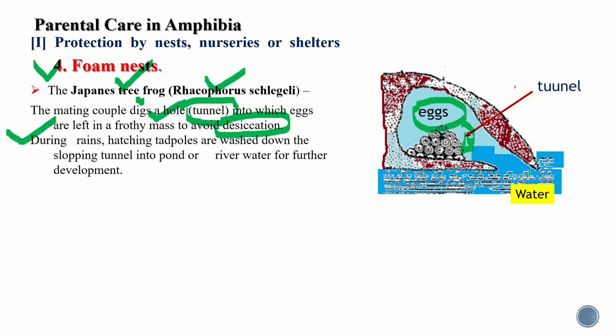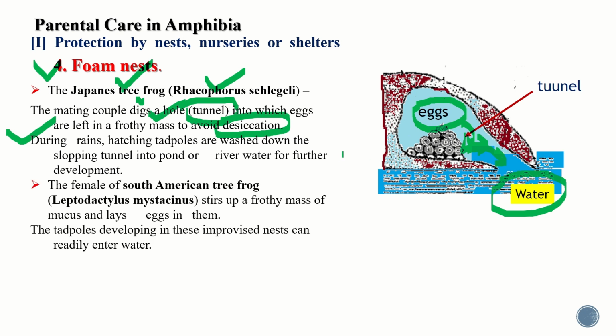Here is the water body, and in that tunnel the eggs are hatched. Afterward, in the rainy season, when these eggs are hatched and small tadpoles are formed, the tadpoles come in contact with the nearby water body, and development, that is metamorphosis, takes place in the water and they become adults.